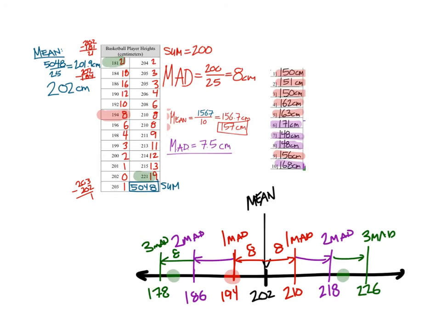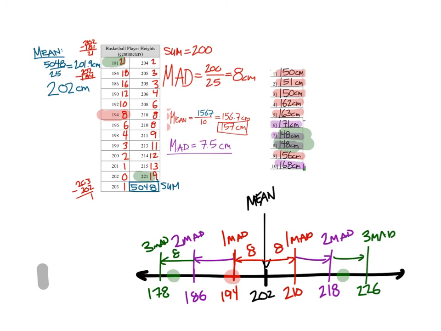All right, so looking at your mean and your mean absolute deviation, and we got your heights, right? So what was our smallest value for the class? 148? These two right here? So let's look at 148 for these basketball players.